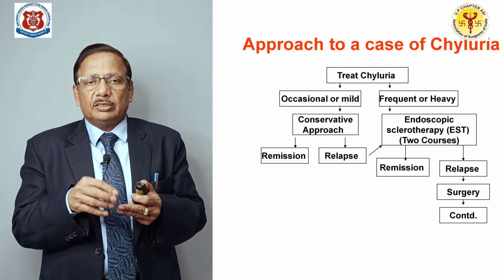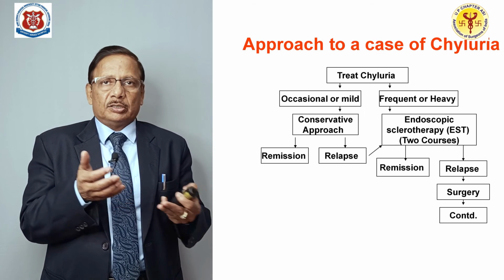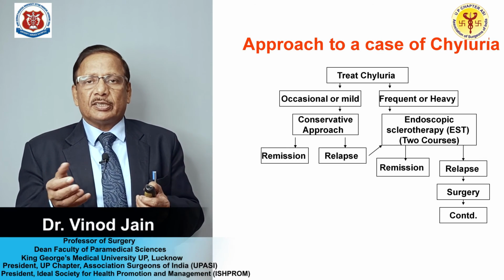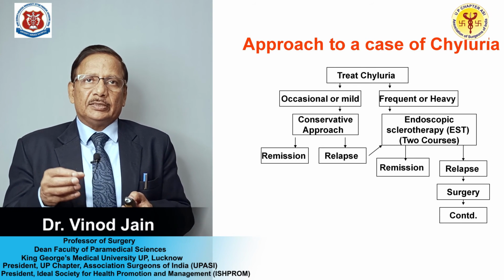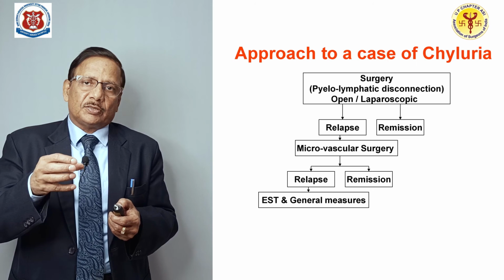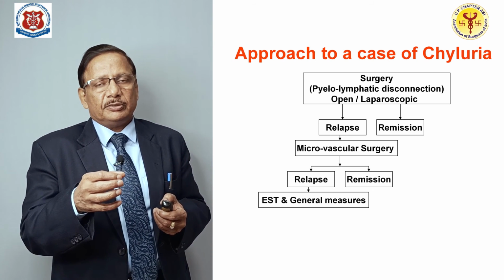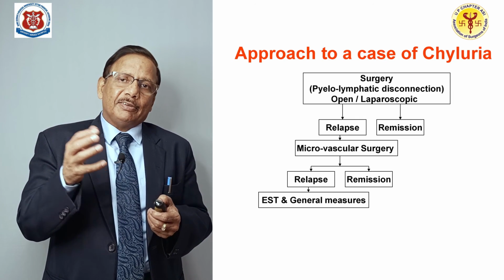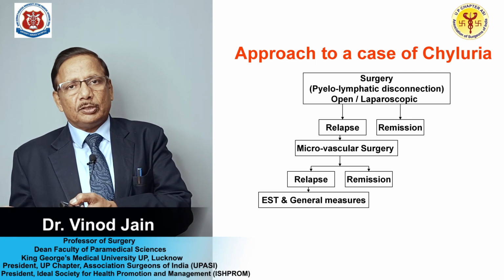Once we have done EST, again we will have either remission or relapse. If there is remission, we follow the patient up. If there is relapse, we have to resort to surgical procedures. The first procedure of choice will be pylolymphatic disconnection, what we have discussed just now, either open or laparoscopic. Again, there will be either remission or relapse. If remission, follow the patient up.